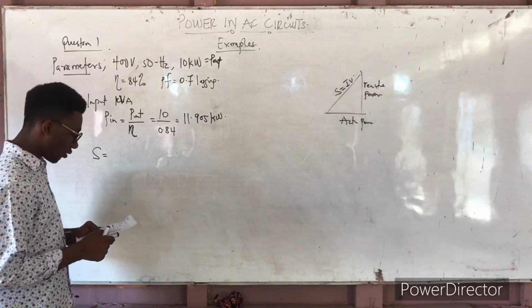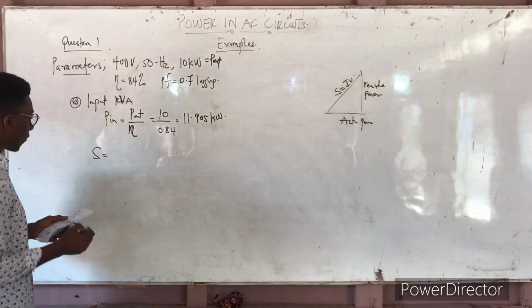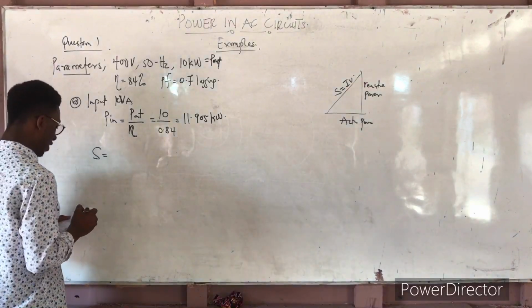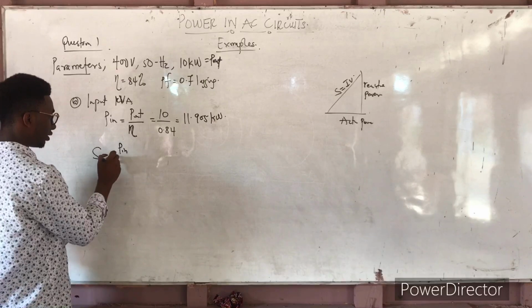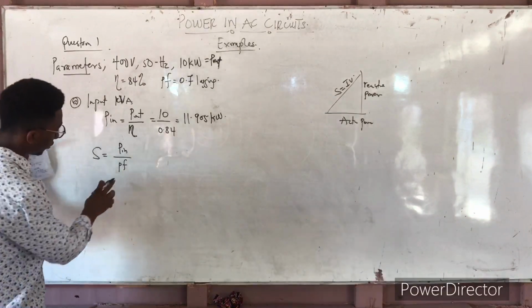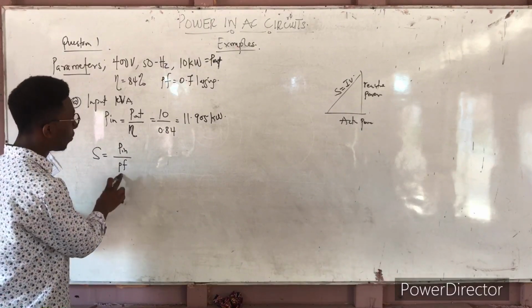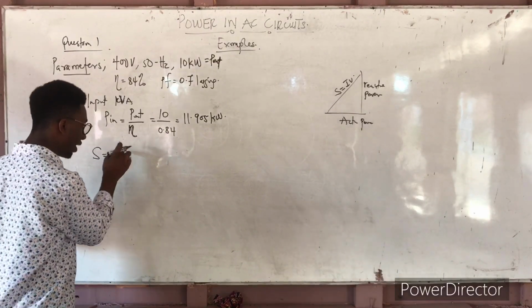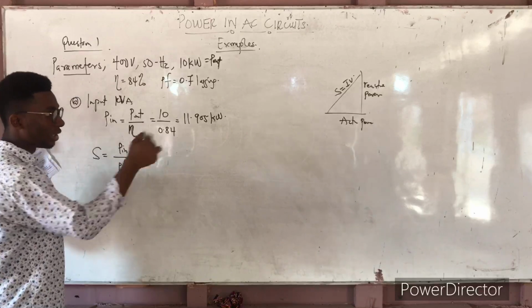Since we have this power now, we can find our S. Finding S is very simple. That is the input kVA. It is the power in divided by the power factor. We've already generated the formulas.